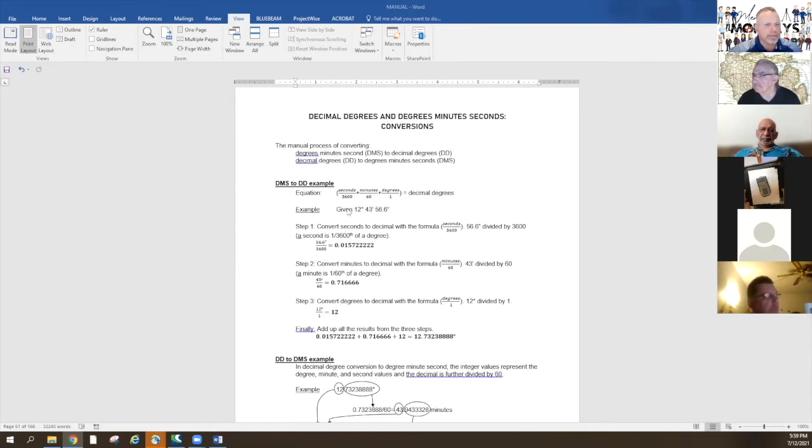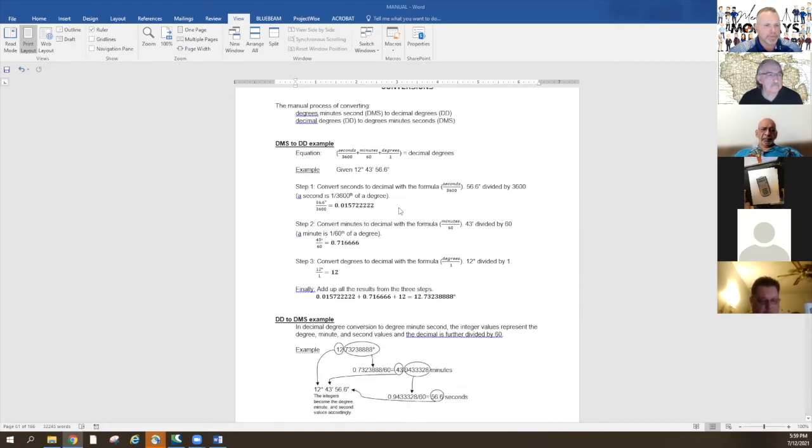If y'all can still see my screen, the degrees, minutes, seconds to decimal degrees conversion, the manual process is in my book as well. Y'all can do a screenshot of this if you need, but all this can be done in your calculator with the punch of one button. So like Jerry said, don't underutilize your calculator.